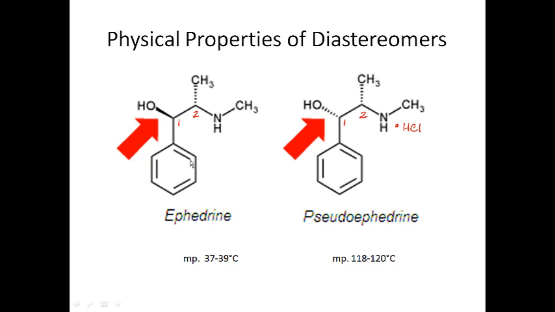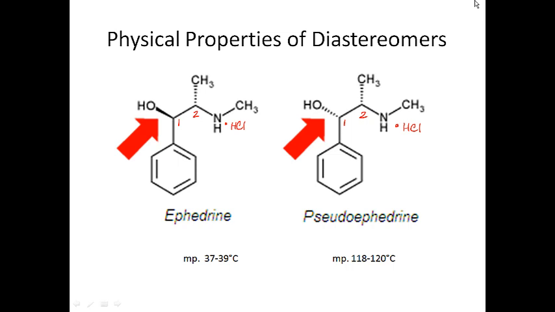Ephedrine, which was also sold as the hydrochloride salt, where basically you had an N plus and a Cl minus species, was in over-the-counter diet drugs that helped you lose weight, because ephedrine in essence speeds up your metabolism.